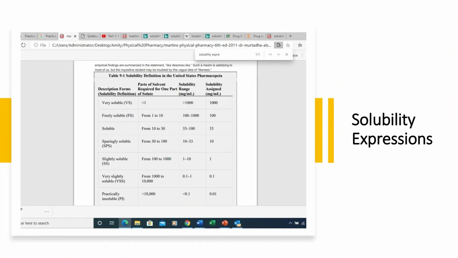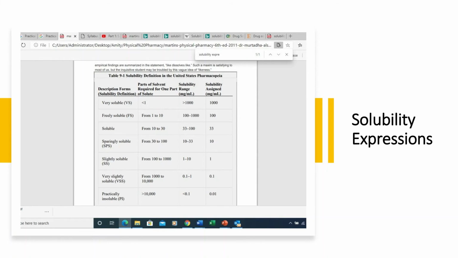Now, these are the terms mentioned as solubility definitions in the United States Pharmacopoeia. We take terms like very soluble. When we try to dissolve the solute, it depends on how many parts of solvent are required for one part of the solute.